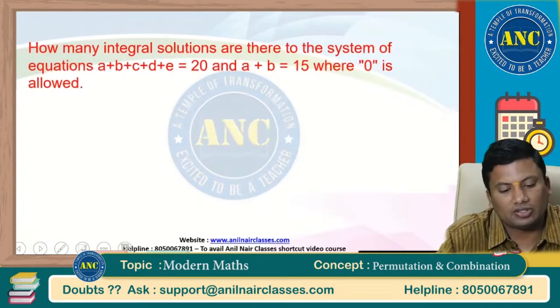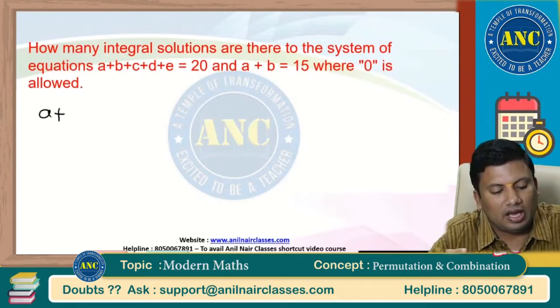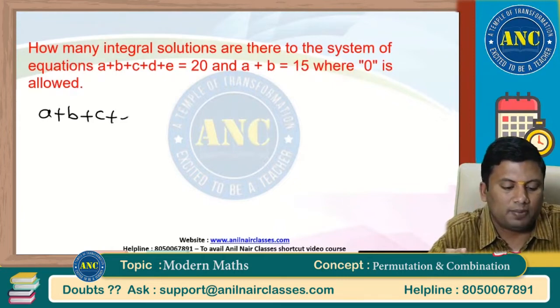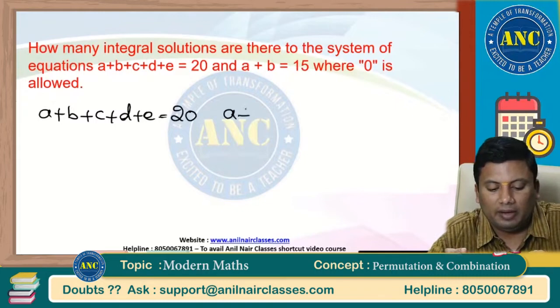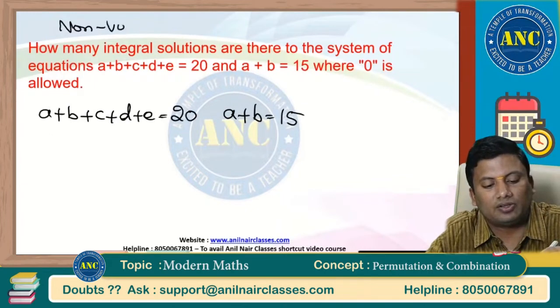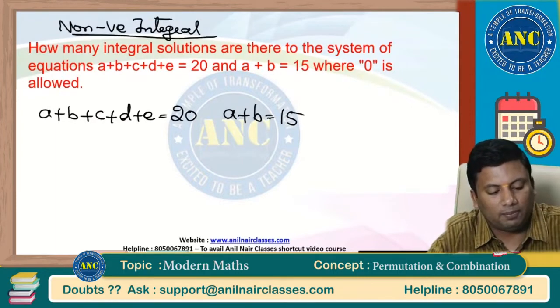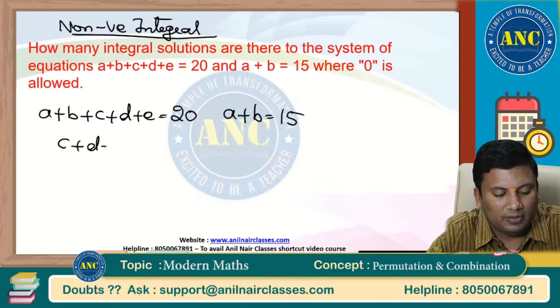Next one. How many integral solutions are there to the system of equations A plus B plus C plus D plus E equals 20, and A plus B is 15. 0 is allowed, which means I am using non-negative integral solutions. If A plus B is 15, then C plus D plus E is 5.